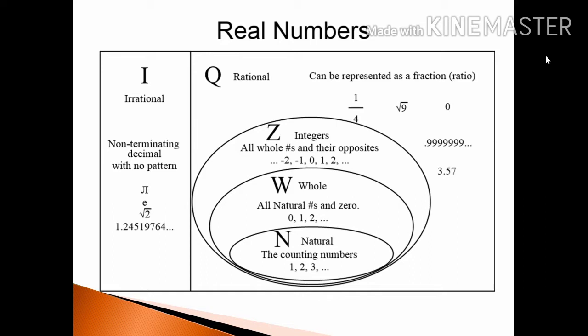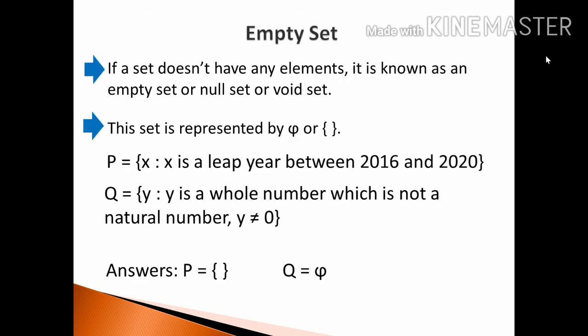So let's go back to the second problem. As you can see, whole numbers include all natural numbers. However, natural numbers are not all whole numbers, since 0 is not a natural number. So in this case, Q is an empty set or null set.